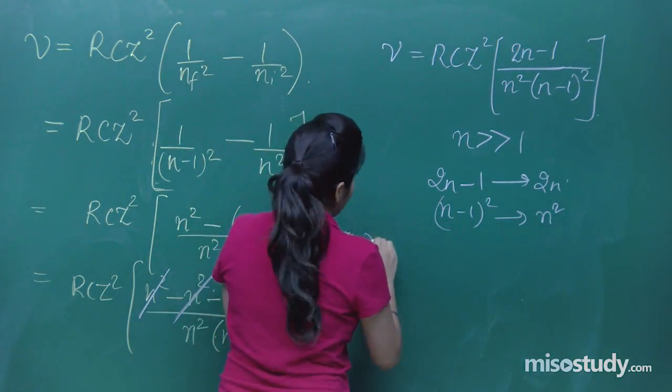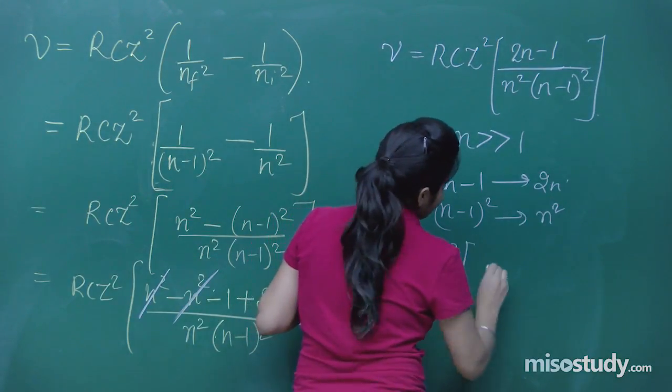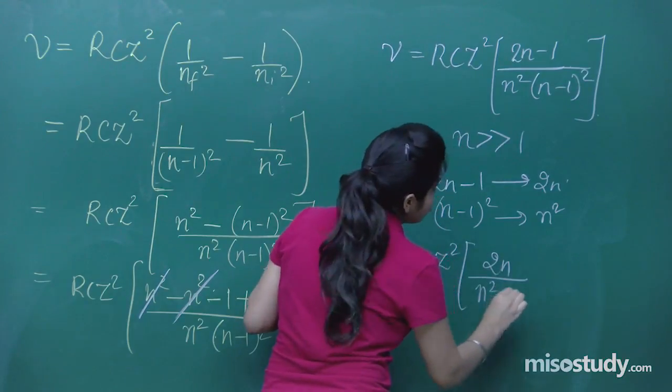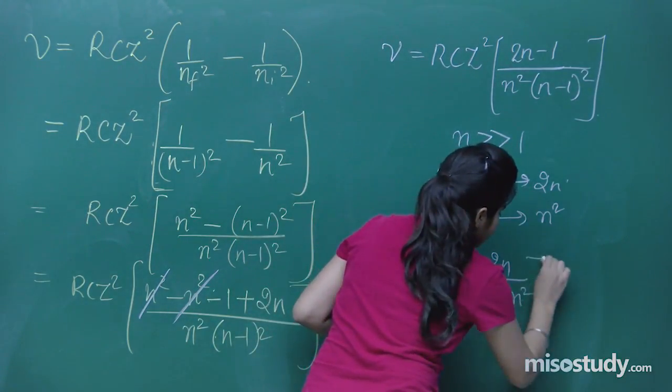So we will now write it as RC(Z) square into 2n divided by n square into n minus 1 square, that means n square.